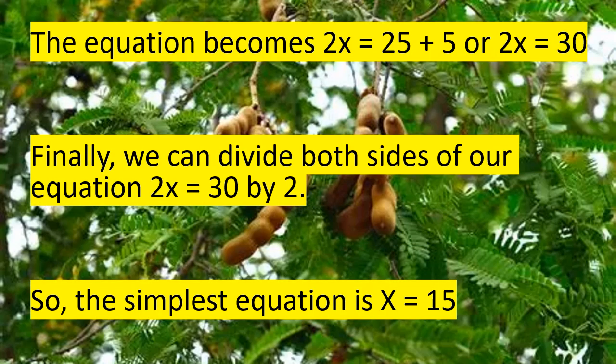So the equation becomes 2x equals 25 plus 5, or 2x equals 30. And finally, we can divide both sides of our equation, 2x equals 30, by 2. So the simplest equation is x equals 15.